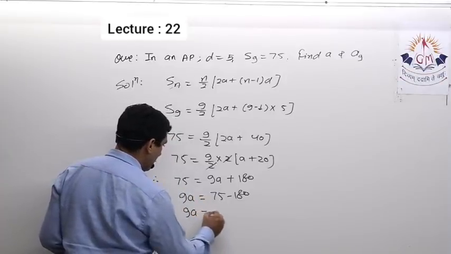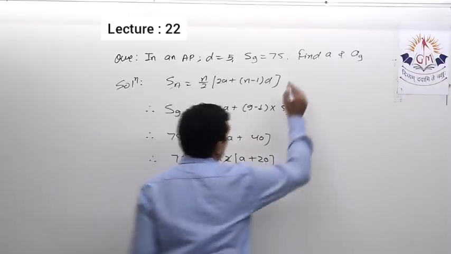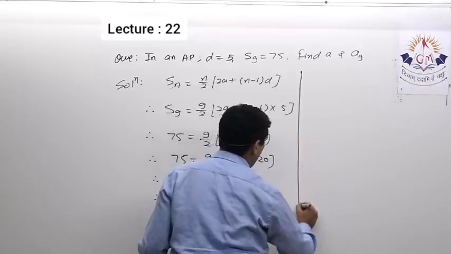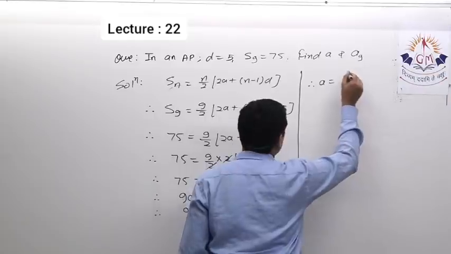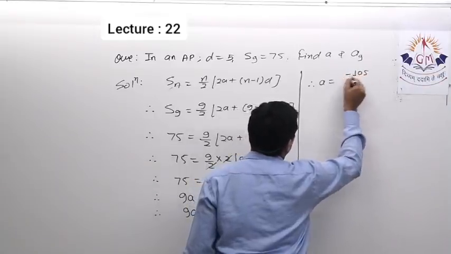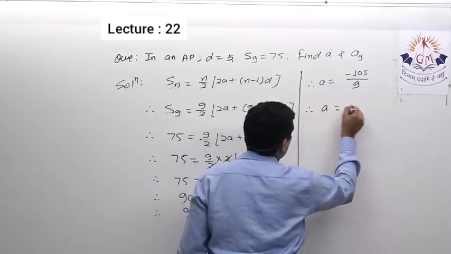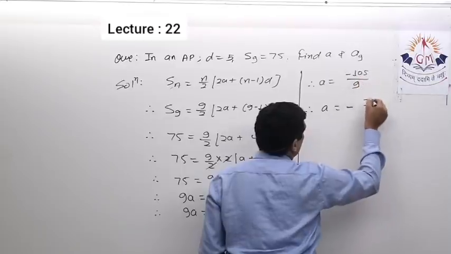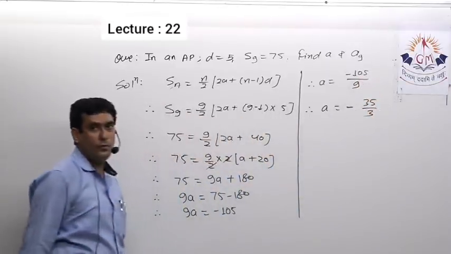Therefore 9a is equal to minus 105, and ultimately here I will get the value of a. Therefore a is equal to minus 105 upon 9. Now I can simplify this: minus 35 by 3. This is the value of a.